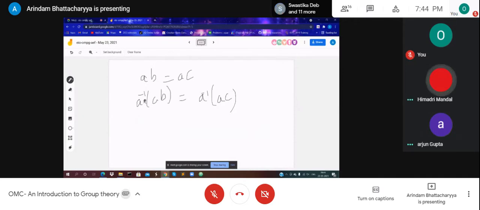This is the general case; here the operation is a binary operation, not multiplication. Okay, let me just include a star here. So A star B equal to A star C.